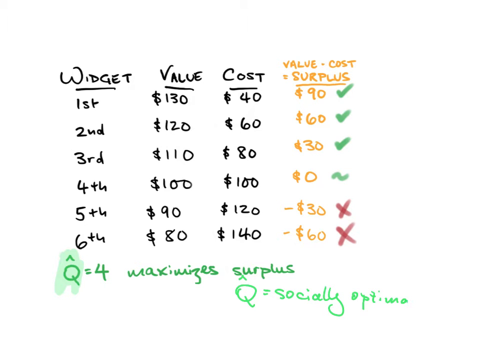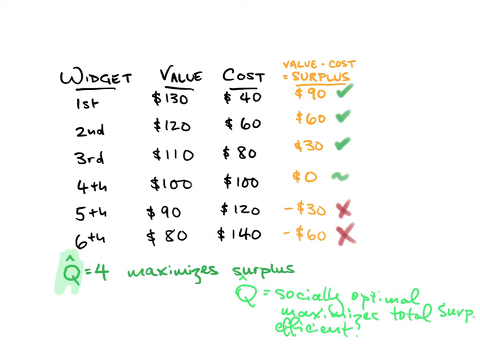In other words, what maximizes total surplus, or we could describe it as what is efficient. There's nothing else that could be produced that would make people happier without hurting someone. Okay, so what is socially optimal for this society is to produce 4 widgets.